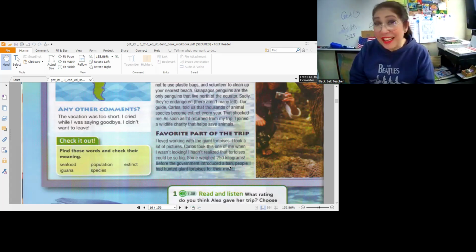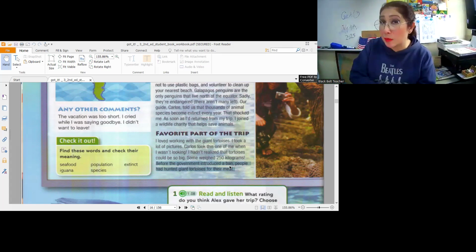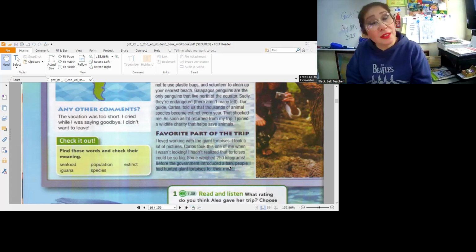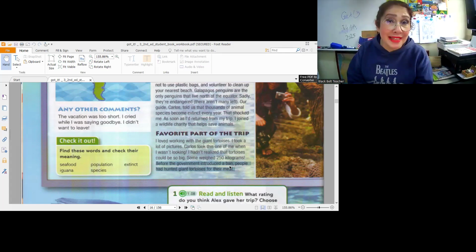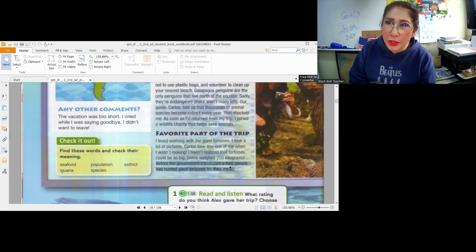It's not common sense. Not everyone can have wildlife species as pets, okay? Because the government decided on banning that. And back in the days, people would eat tortoise. Yes, they would eat tortoise, they would eat turtles.